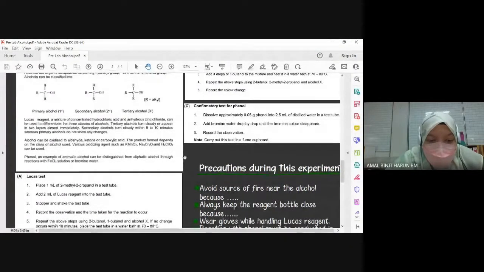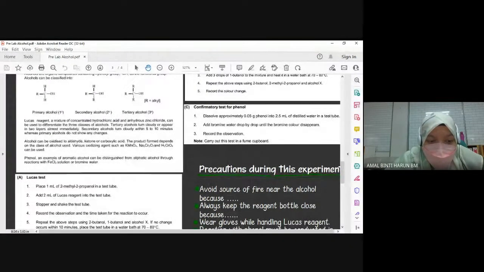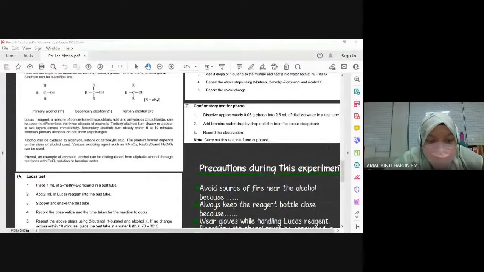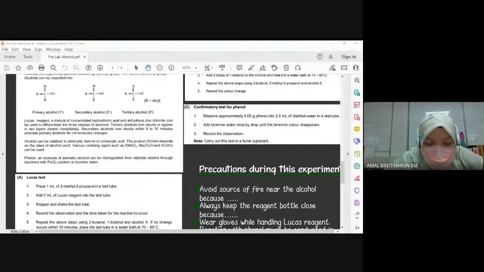Okay, sekarang pergi dekat kamu punya lab. Pre-lab tu. Ada tak soalan pre-lab?